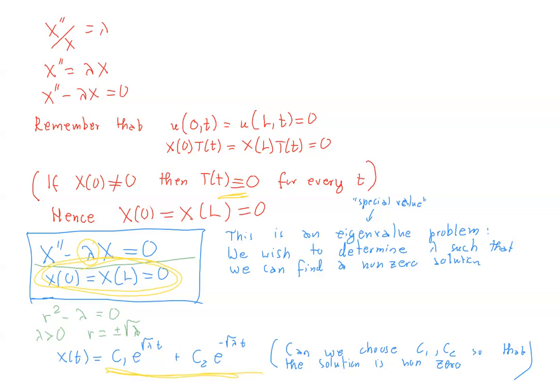And let's see why. Plugging t equals 0, what do you get? If t equals 0, then you get C1 plus C2 has to be equal to 0.